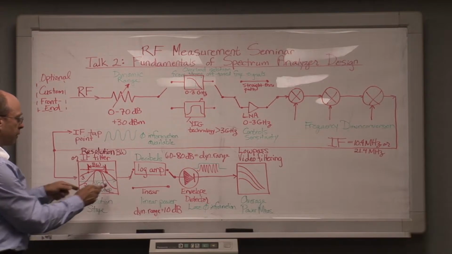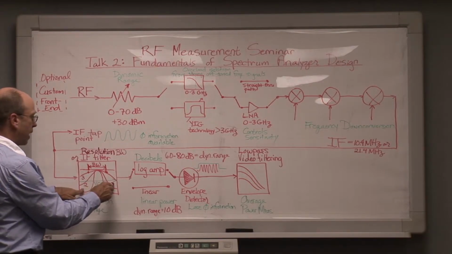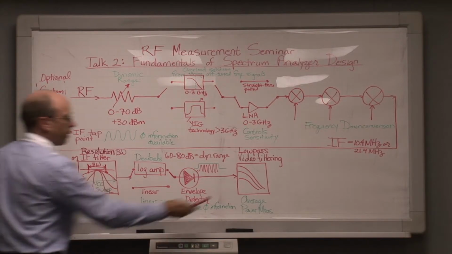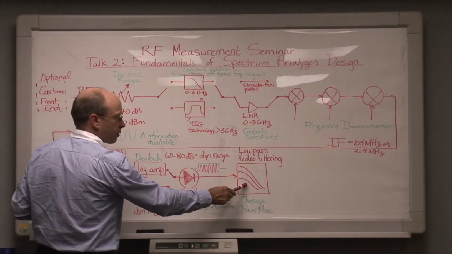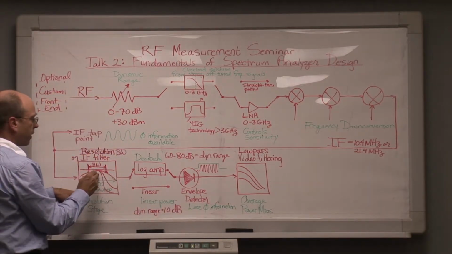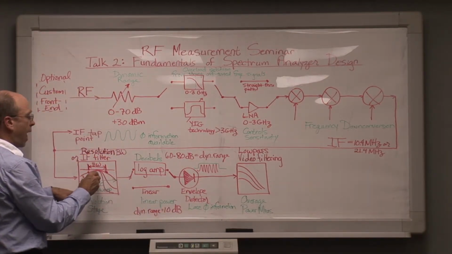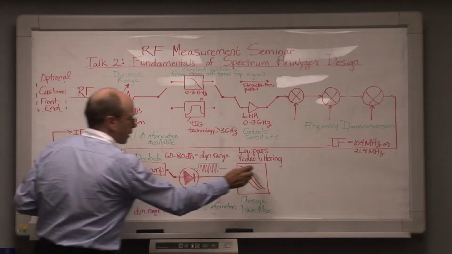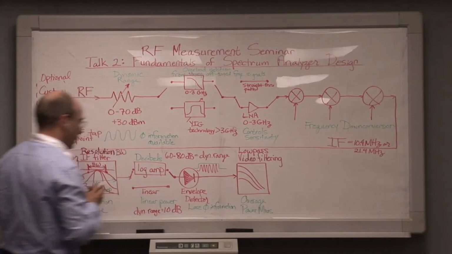So if we want to measure a waveform in 1 megahertz and we want to see that waveform only convolved with the 1 megahertz filter, we would set the video bandwidth to 1 megahertz or 3 megahertz or any wider value. But if we wanted to look at this waveform in a 1 megahertz bandwidth as an average power level, then we would set this to 1 megahertz and we would set this to, say, 1 kilohertz.